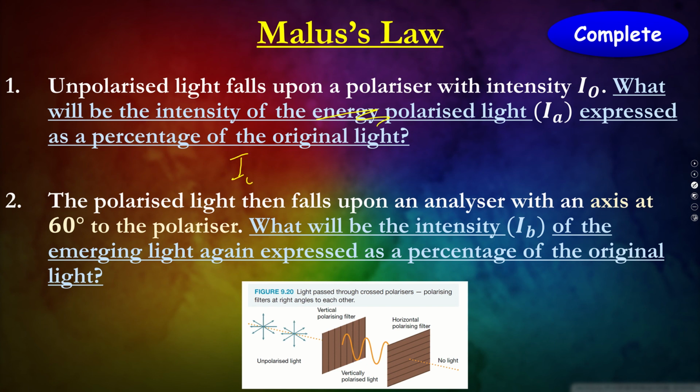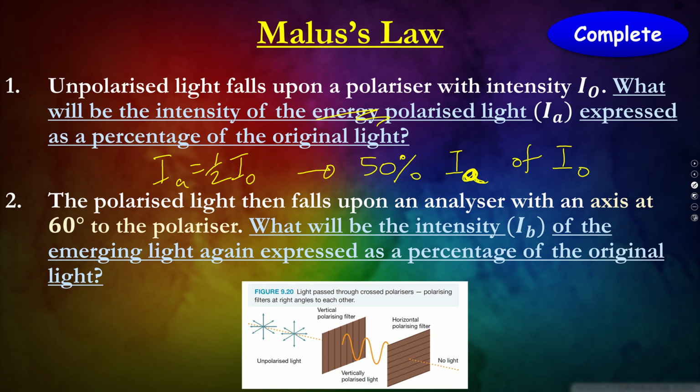So if I0 is the original, we said if it passed through one polarizer, IA will be half the intensity of I0. Okay, so if we compare that as a ratio, IA will be 50% of I0.